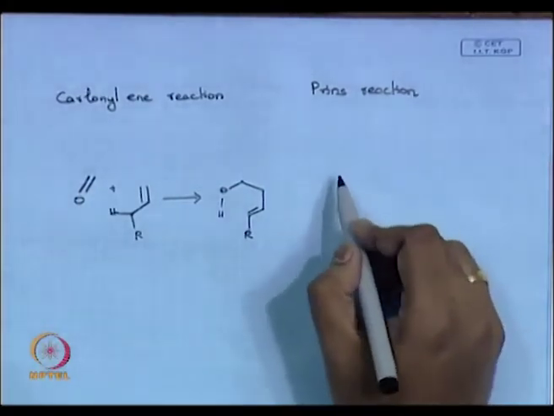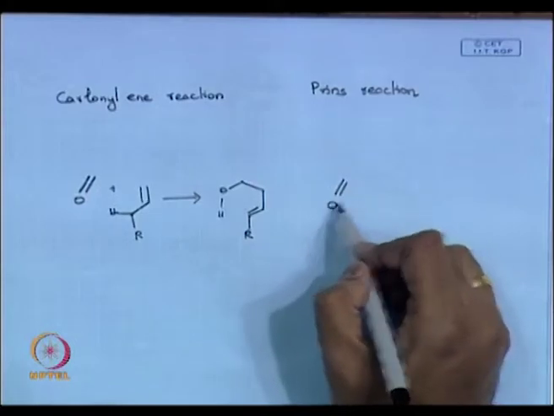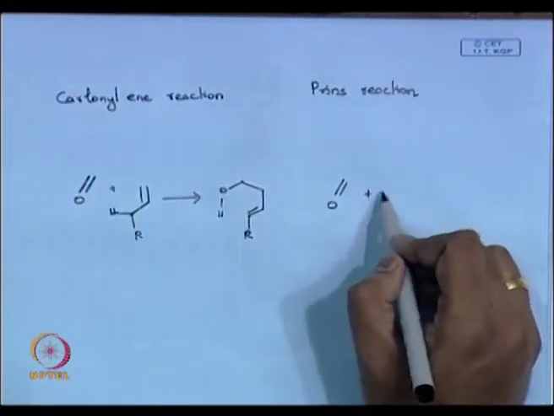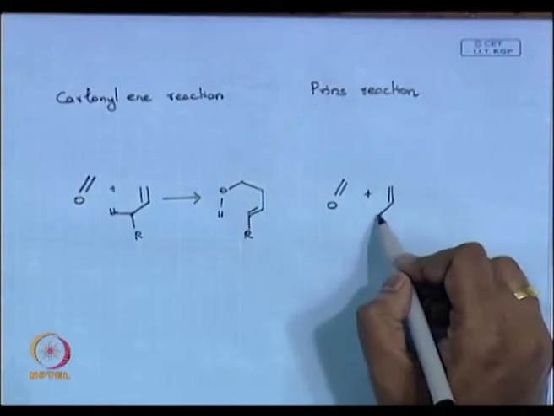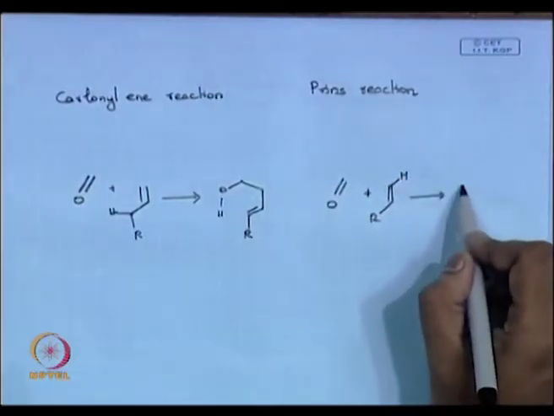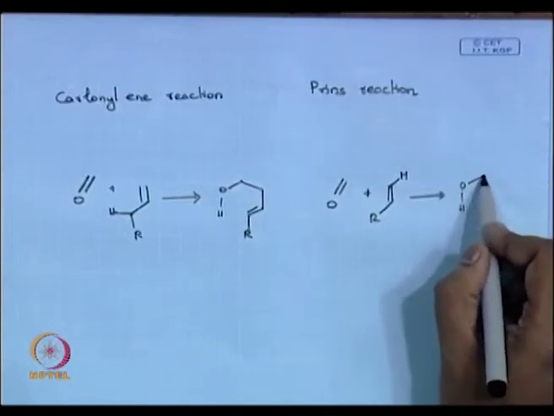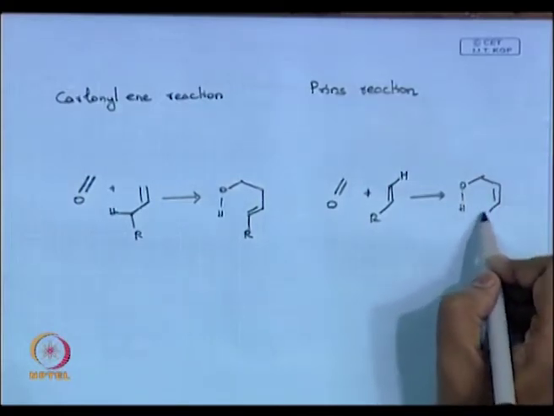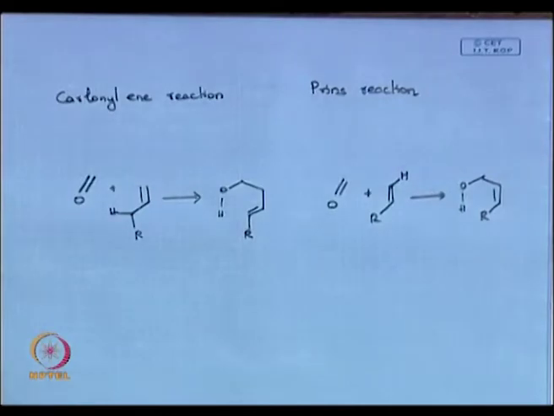Same way, your Prins reaction is also like a carbonyl dienophile, but the alkene is different. Just from the product point of view, carbonyl ene reactions can be related with Prins reactions.